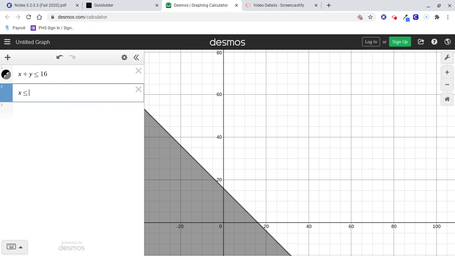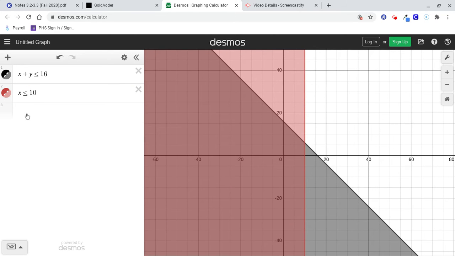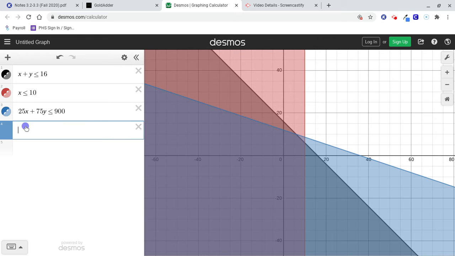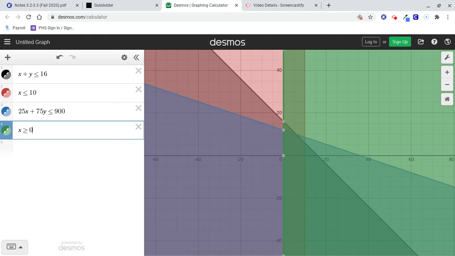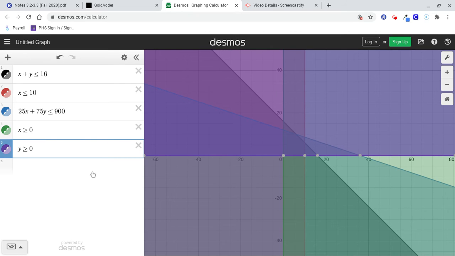X is less than or equal 10. Okay. 25X plus 75Y is less than or equal 900. X is greater than or equal 0. Y is greater than or equal 0.